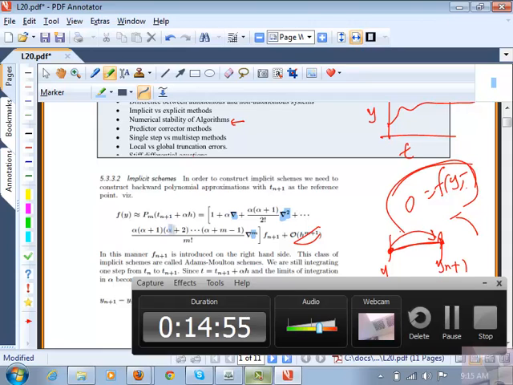Construct a polynomial from that, but using points behind it: Tn plus 1, Tn, Tn minus 1, Tn minus 2, etc. If you use a backward difference polynomial with that as your reference point and truncate it at a suitable position, maybe second, third, etc., you will get a whole class of implicit multi-step methods. Then you can pair an explicit multi-step method with an implicit multi-step method to form a predictor-corrector pair. And all these ideas can then be programmed into codes like ODE45 or RK45 and things like that. Question?